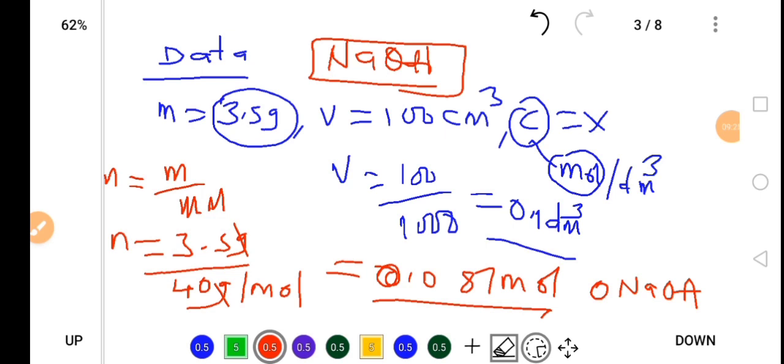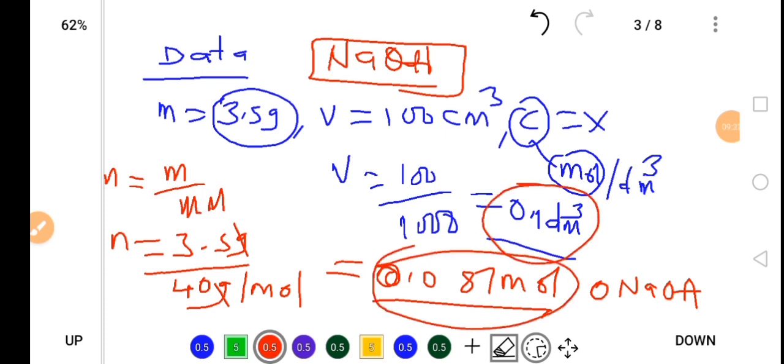Now you have the number of moles and then you have the volume. These two factors will affect the concentration. So we are going to say, okay, fine.